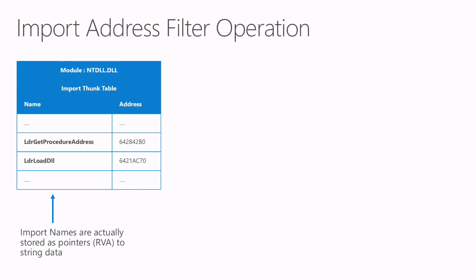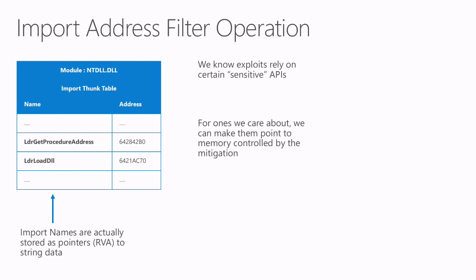The loader will look at the string and figure out how to find that API and get the right address for you. We know that attackers are looking for sensitive APIs that they want to call in their exploit, and we can have a bound list of these sensitive APIs that we want to detect and block resolution of through the import table.